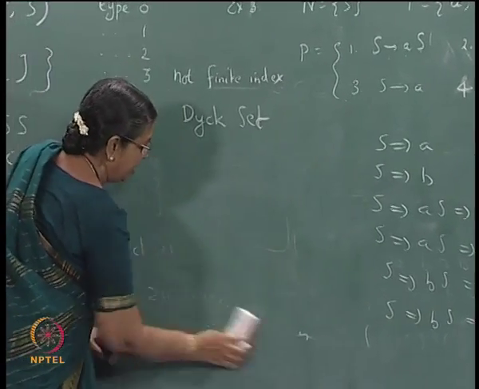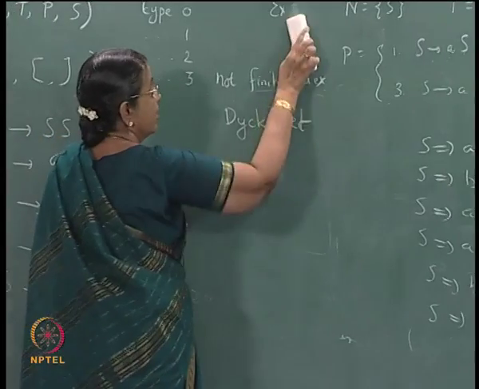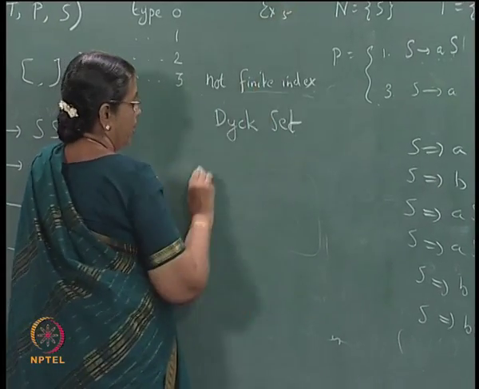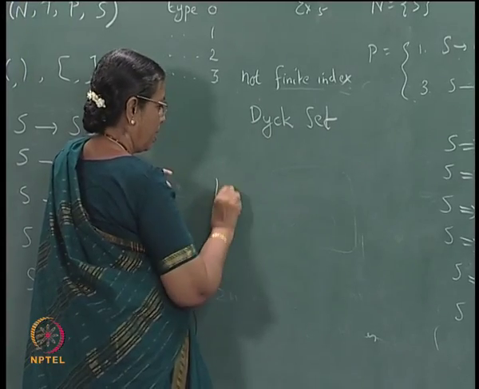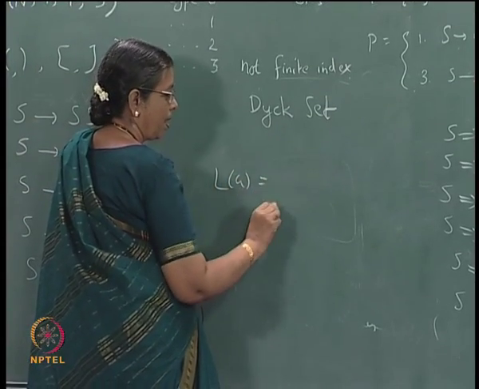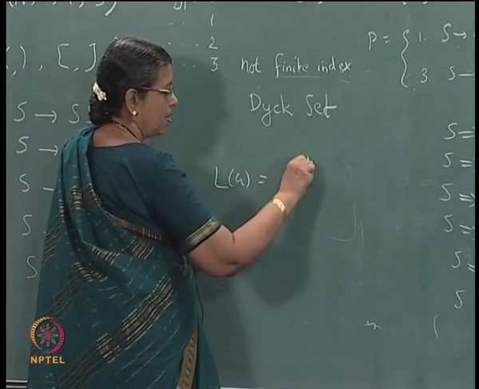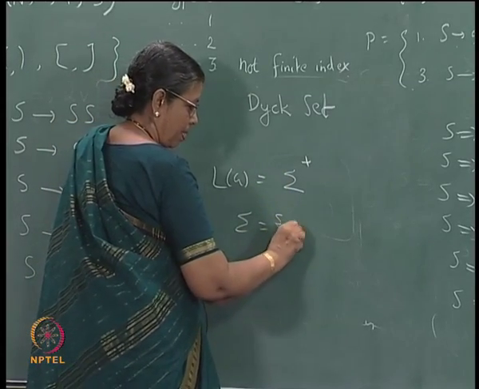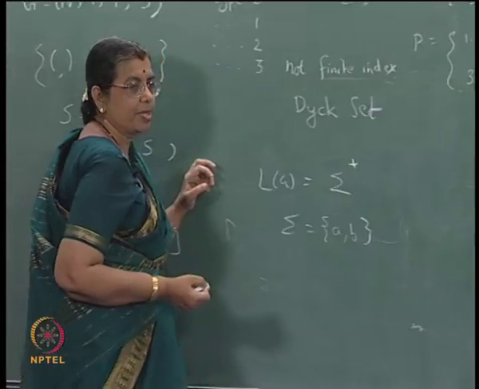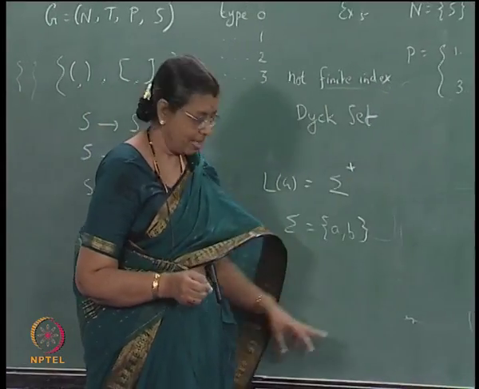So, in this case L(G) is, this is example 5, sigma is {A, B}, any string of A's and B's, but epsilon cannot be generated by this.